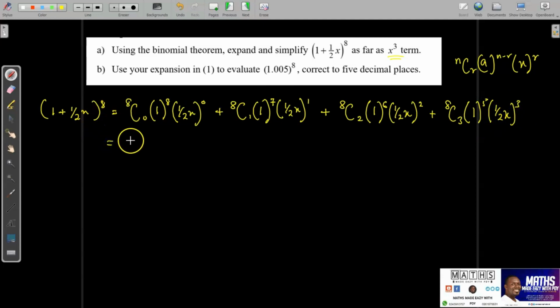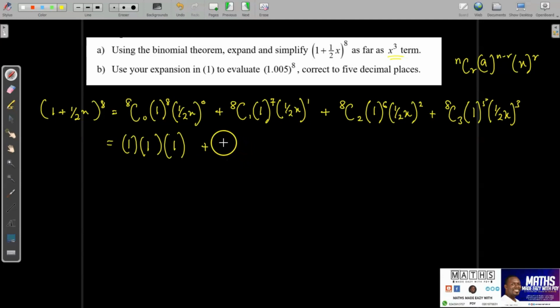Good. So help me out with that. 8 combination 0, I know is definitely 1. Multiplying 1 to the power 8, which is 1. Half x all to the power 0 is also 1. So that's what we have here. Plus 8 combination 1, what's the answer?